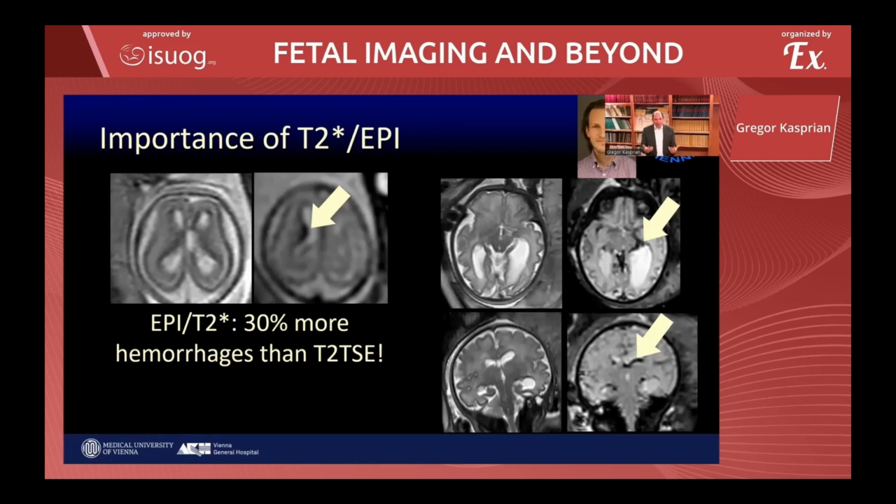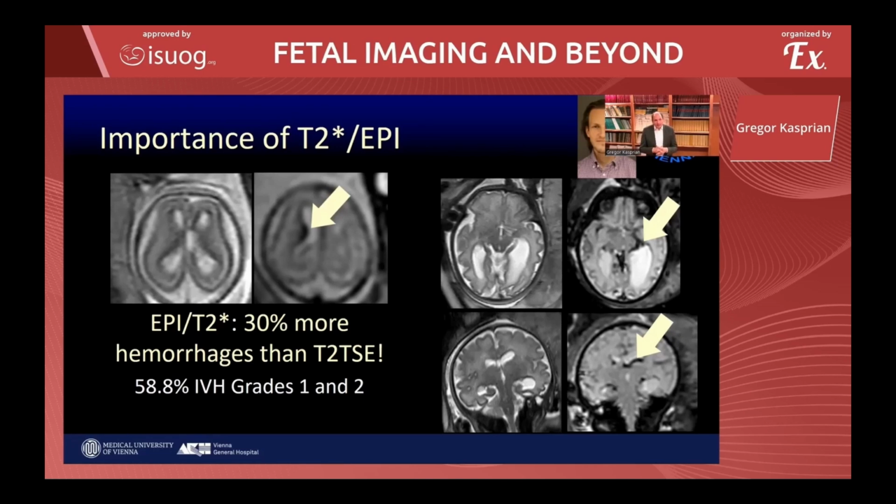By comparing T2 weighted normal sequences to neurosonography, we have a somewhat similar performance with neurosonography in good hands. If you have MRI in excellent hands, though, using EPI sequences, and that's not a big deal, this sequence takes you 20 seconds, you're able to pick up 30% more hemorrhages than the conventional T2. And that, in future, of course, needs to be accounted for.